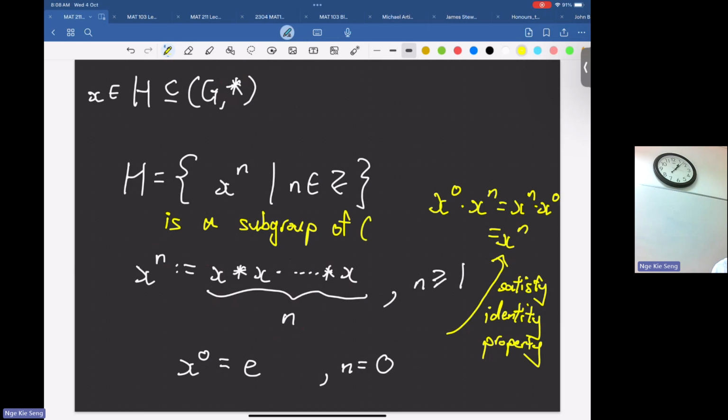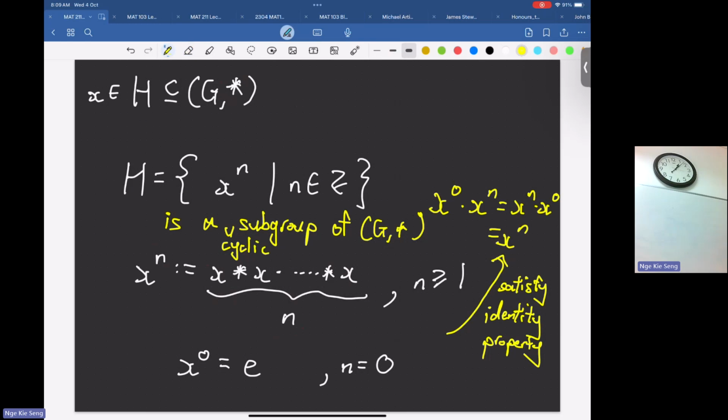of G. What do we call this subgroup? Anyone remember? It starts with a C. The name of this group? Cyclic subgroup. Okay, so this is a cyclic subgroup. Why is it cyclic?